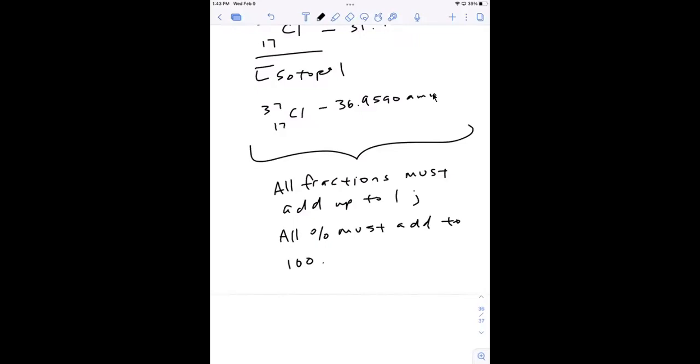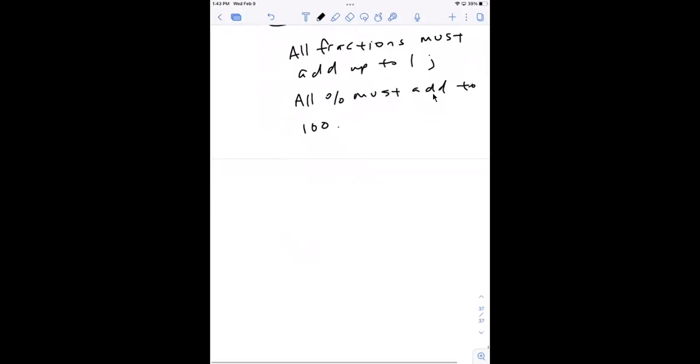So we're going to set this up by using our equation. We'll take the average atomic mass, and that's going to be equal to the sum of the fractions, or fractional abundance, times what?